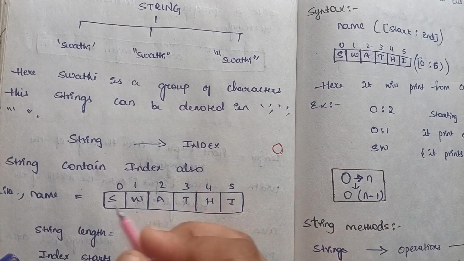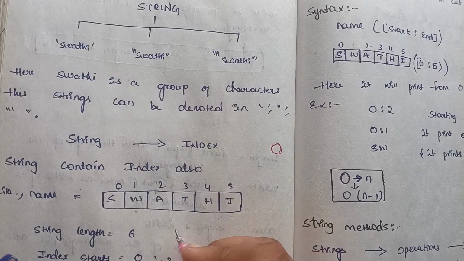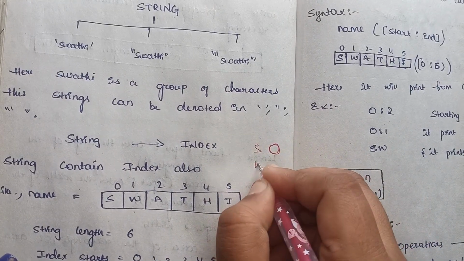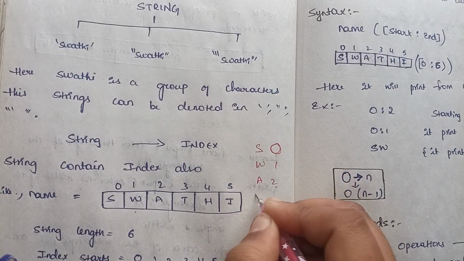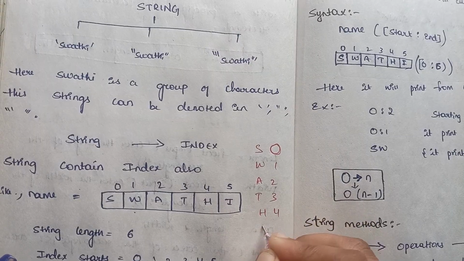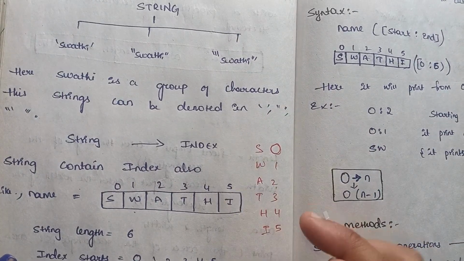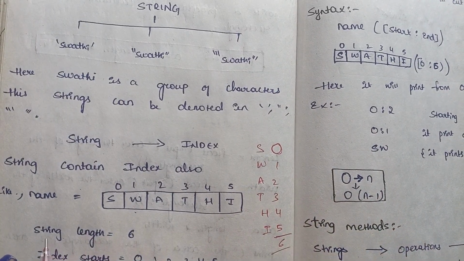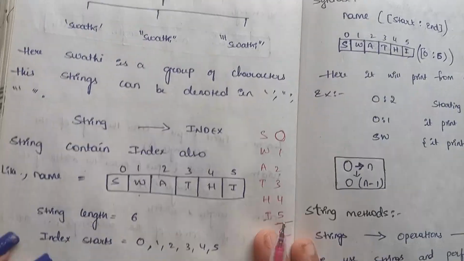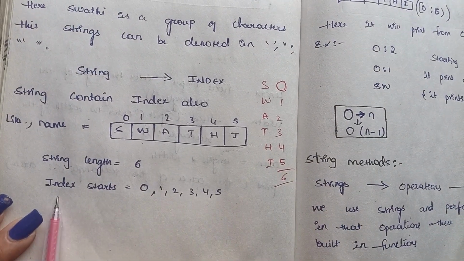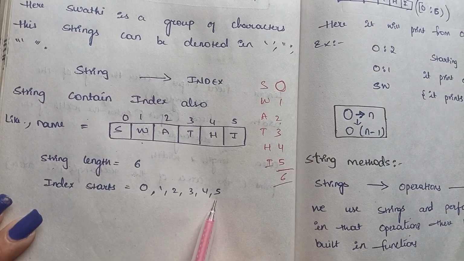S is 0, W is 1, A is 2, T is 3, H is 4, and I is 5. So we have 6 characters. The string length is 6, and the index starts with 0 and ends with 5.